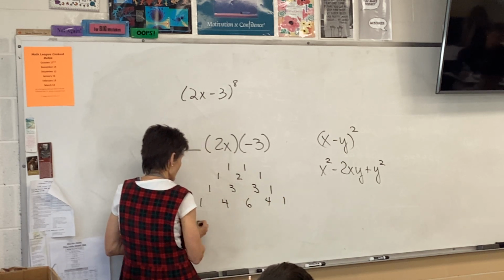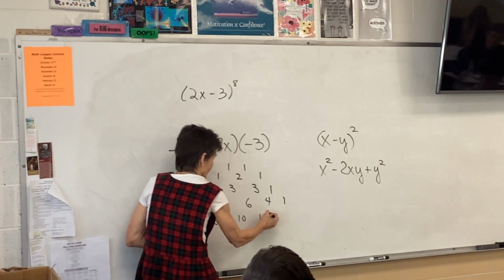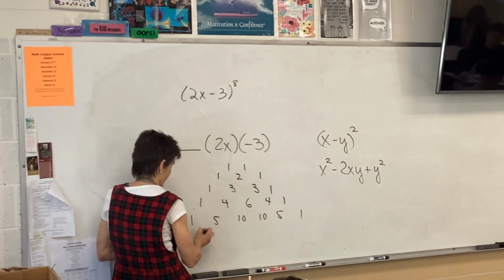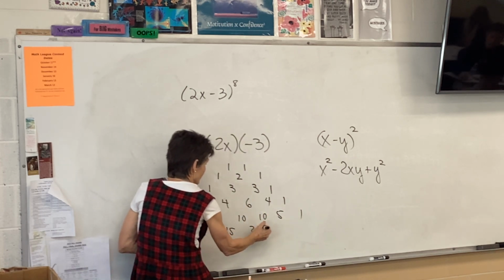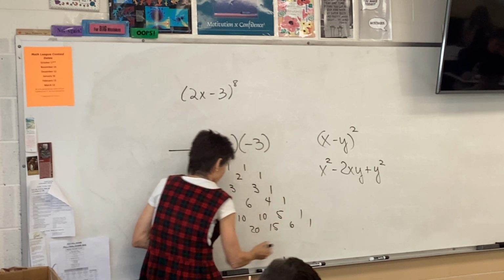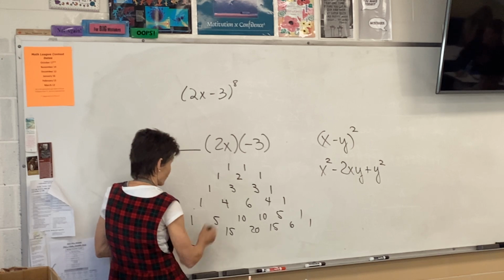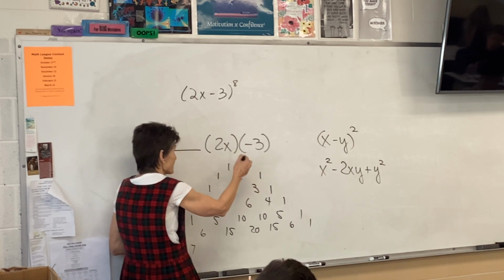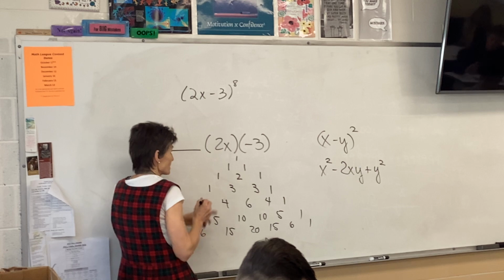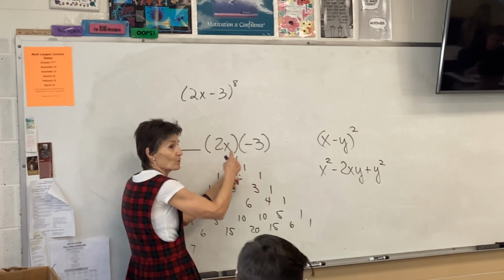Okay, everybody remember this? The first row is technically double 1. This is the 0th row, because if you raise something to the 0 power, you just get 1.